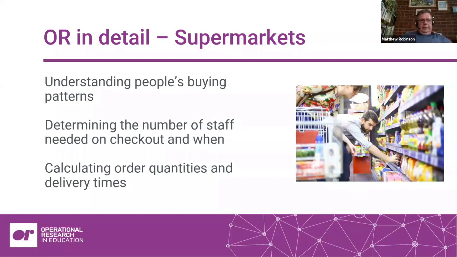Other examples of where operational research might be used within a supermarket could be how many checkout staff are needed, or how many staff are needed generally. They obviously know that things like Friday evenings and the weekends are particularly busy, so they need more staff and more checkouts.